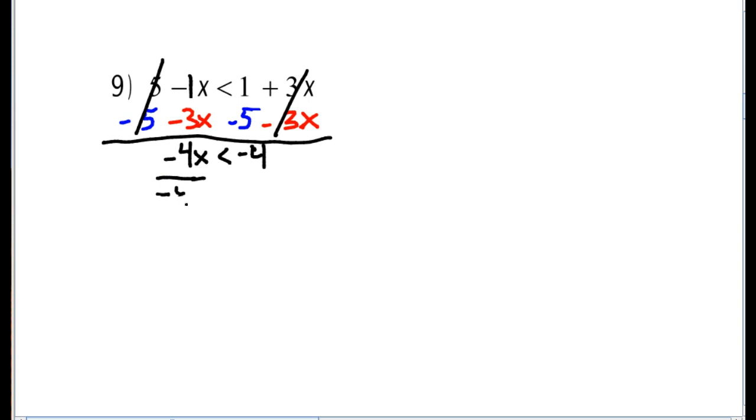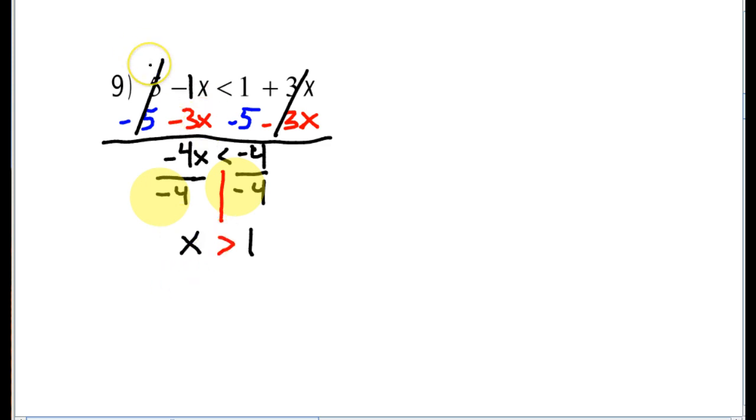Finish it up. X, -4 divided by -4 is +1. Now you might remember this, dividing by a negative means the sign will change here. Anytime you divide by a negative, switch the sign.